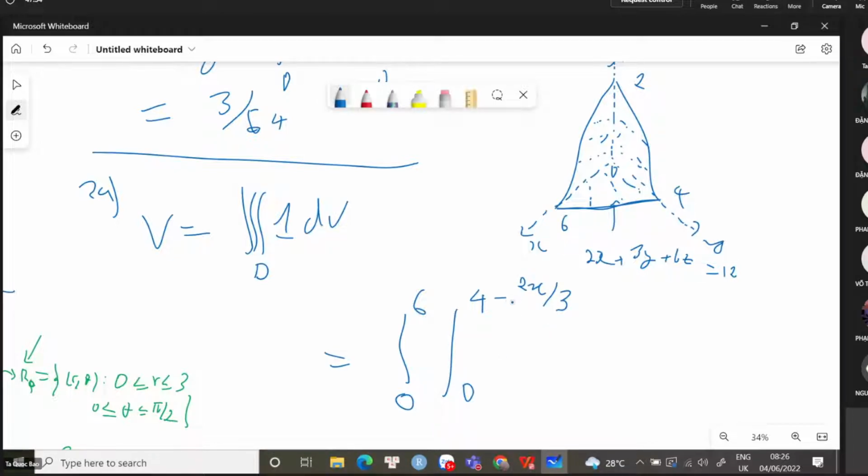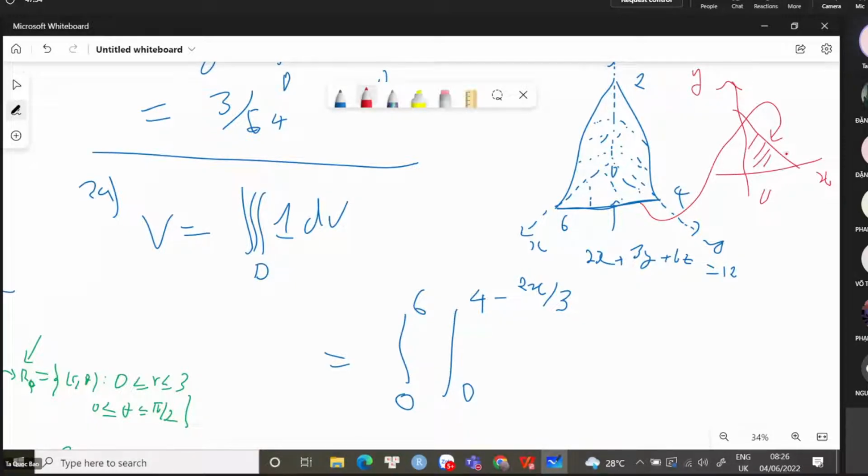Understand? So on OXY, this line becomes this.